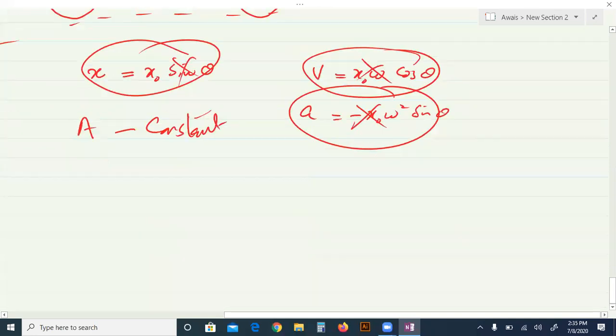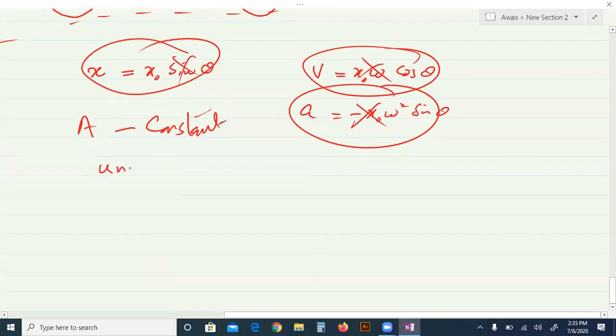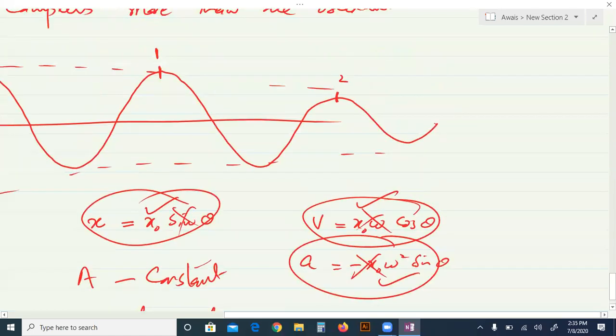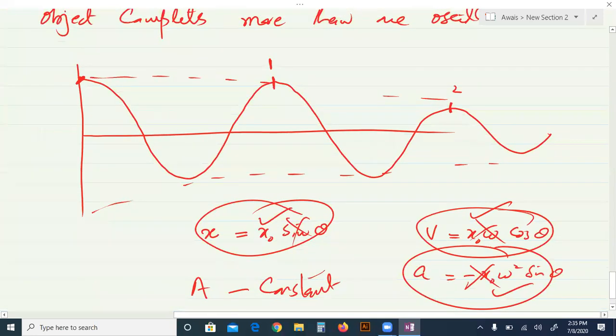When the amplitude is constant, then the system is called an undamped system. So these equations are only valid for undamped systems. So in this type of oscillation, which is called damping, we can't apply any equation. Now, x is equal to x naught sine theta cannot be applied.